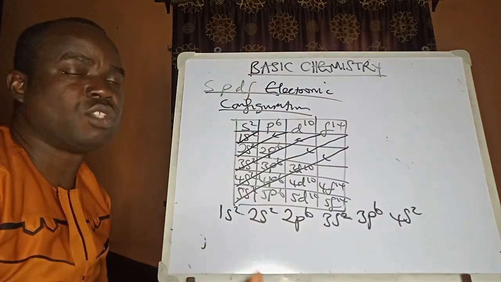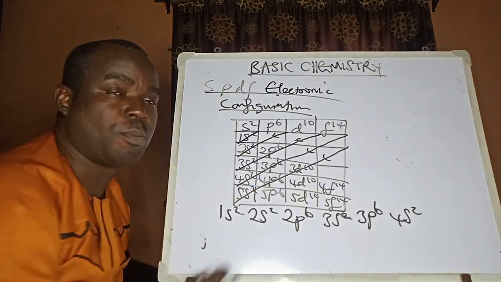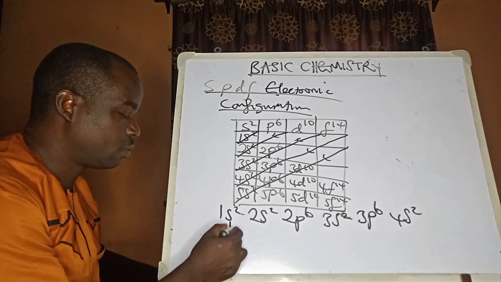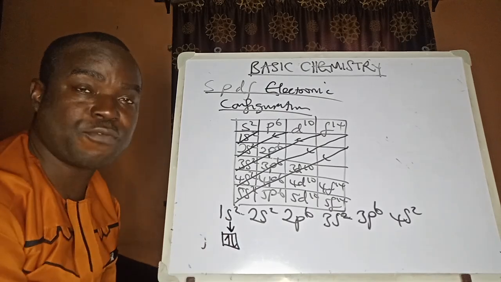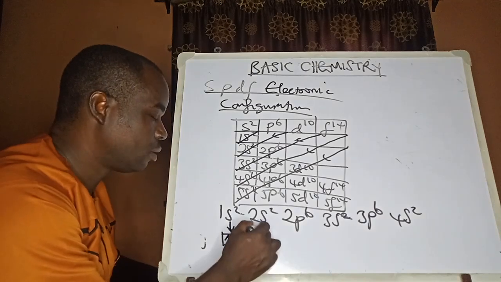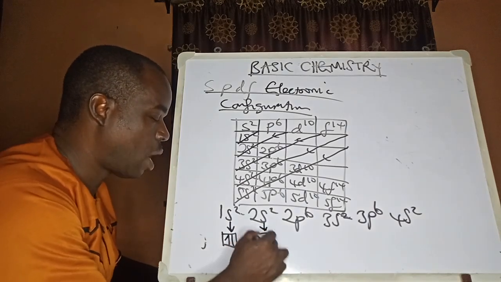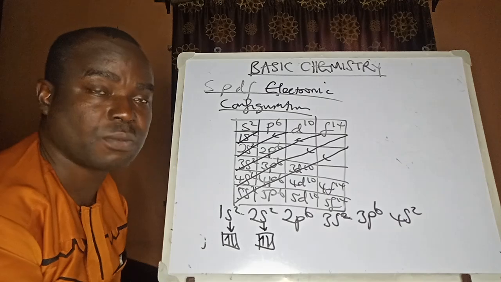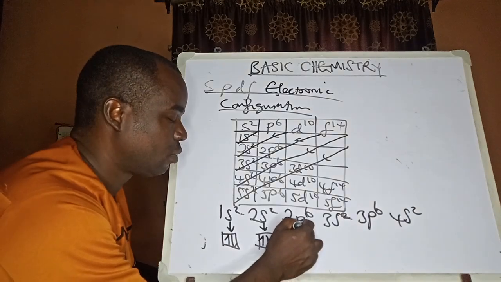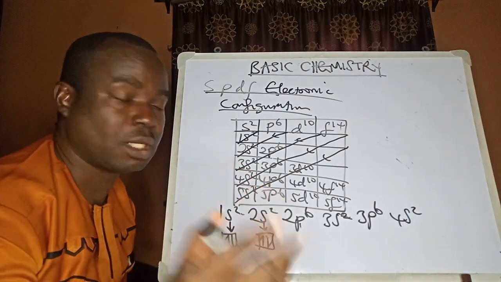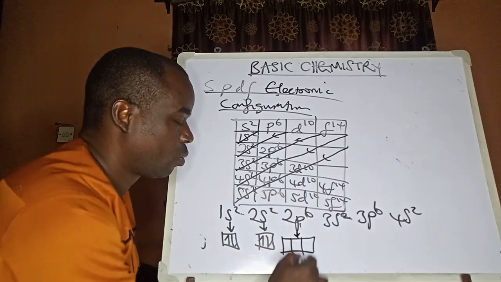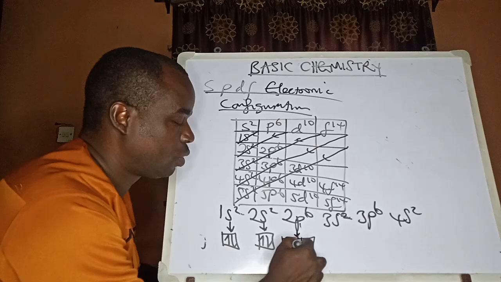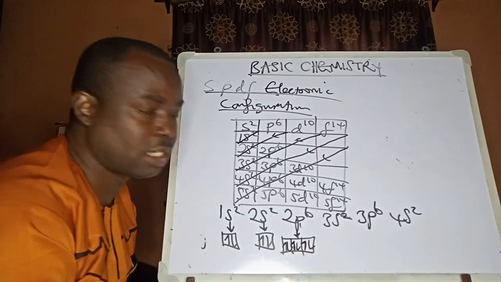Now let us begin to arrange them in the orbitals. So this one is 2, 1, 2. Are you following now? This one is 2, 1, 2. I told you P has 3 orbitals. So this one will be 1, 2, 3, 4, 5, 6.